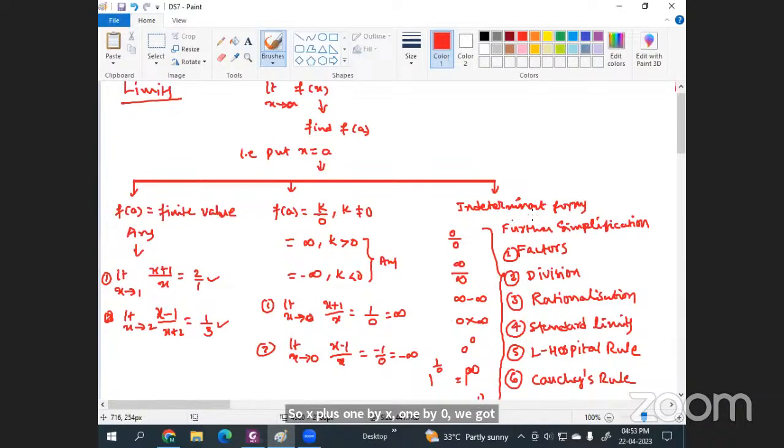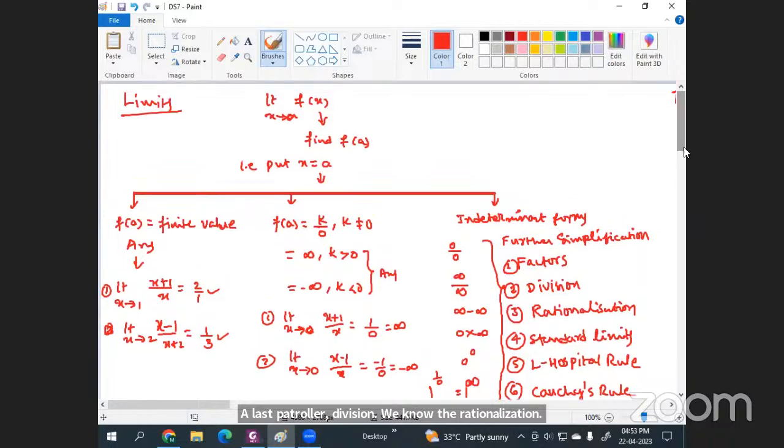If we get indeterminate forms, we have to go for further simplification: factors, division, rationalization, standard limits, L'Hospital rule, Cauchy's rule. We know the factors, division, rationalization and standard limits. L'Hospital rule we have learned for 0 by 0 or infinity by infinity. Cauchy's rule also we got it.